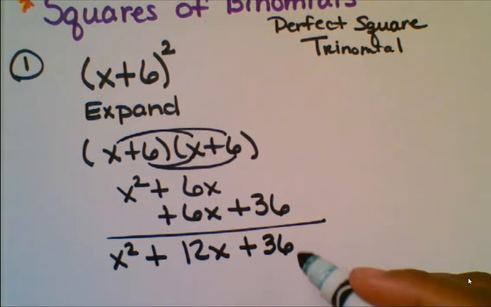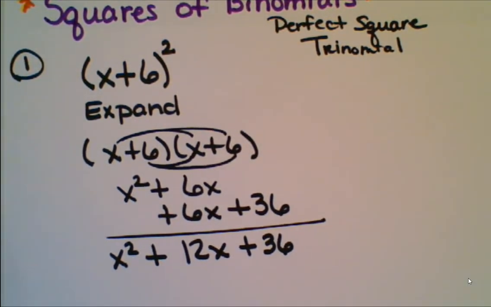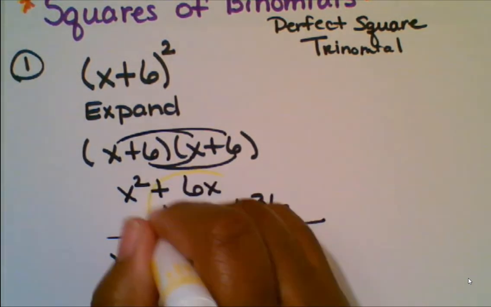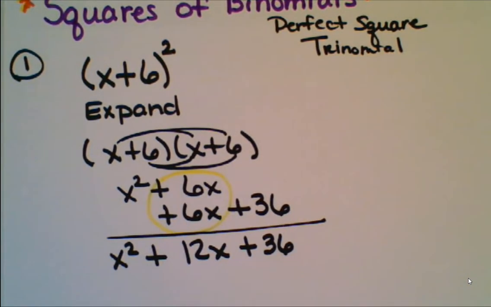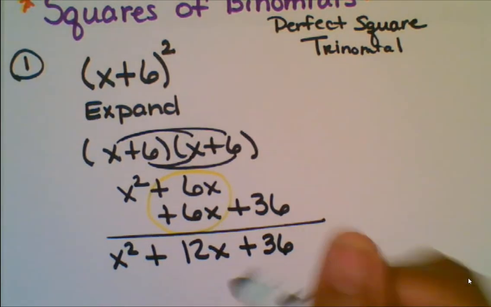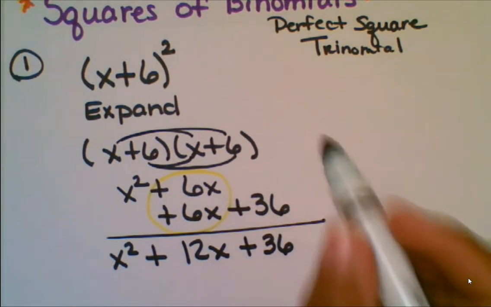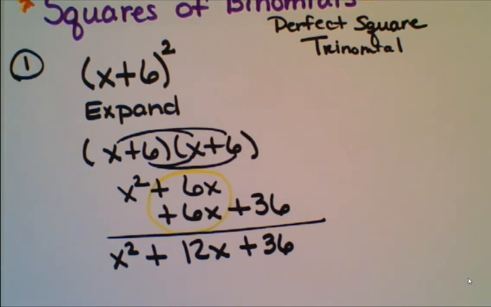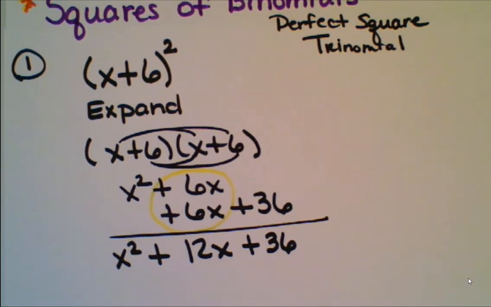So when you're squaring a binomial, expect these two terms in the middle to be the same, identical, matching. Because if they don't, then we have another special product that we're going to talk about in a few minutes. So our solution is x squared plus 12x plus 36.